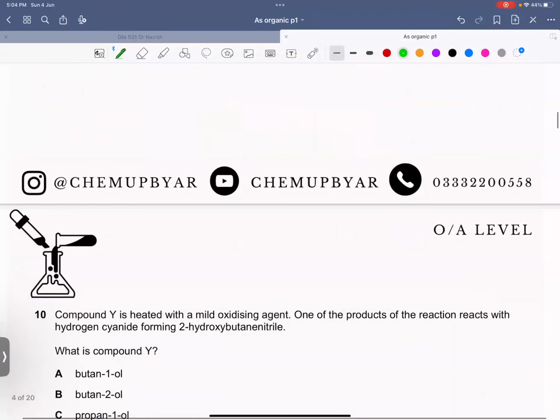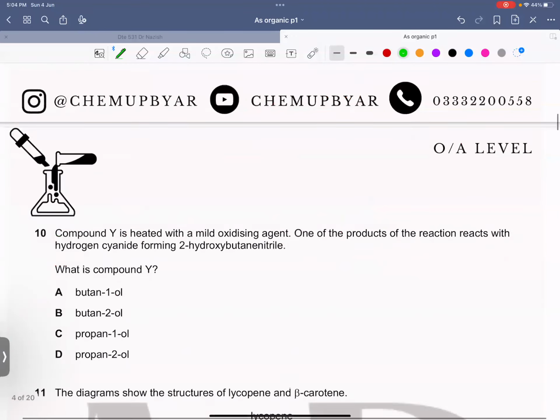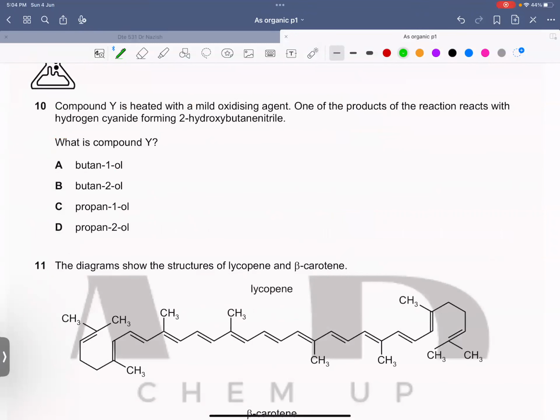Okay. Now, compound Y is heated with a mild oxidizing agent. One of the products of the reaction reacts with hydrogen cyanide, forming 2-hydroxybutane nitrile. Okay. So the product is reacted with hydrogen cyanide.